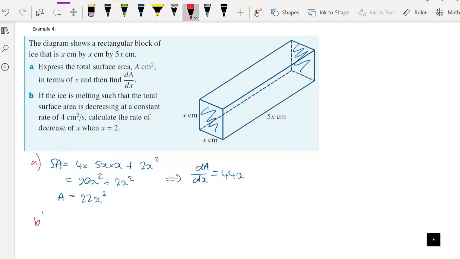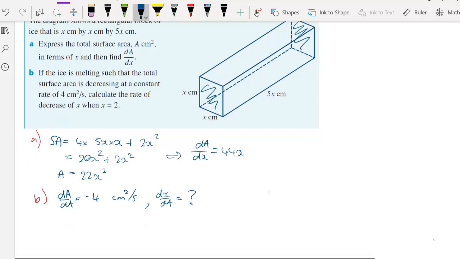Now part B, they say if ice is melting such that the total surface area is decreasing at a constant rate of 4 centimeters squared per second, that means dA dt is decreasing, so it's negative 4 centimeters squared per second. What we want to find is the rate of decrease of x, so dx dt is unknown.